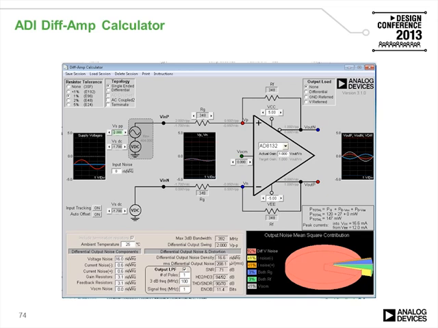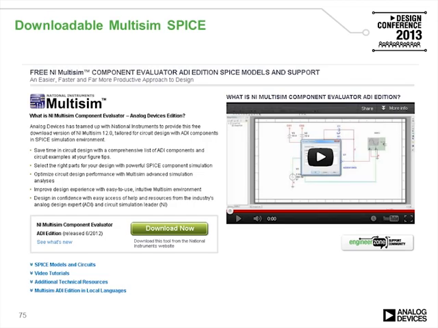It can help with the proper differential amplifier selection as well as selecting proper resistor values for operation. We also have the ADI version of Multisim Spice downloadable from our website. This is free of charge and includes already a library of ADI standard models.